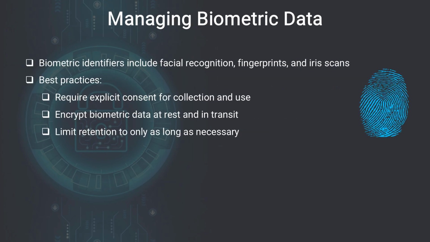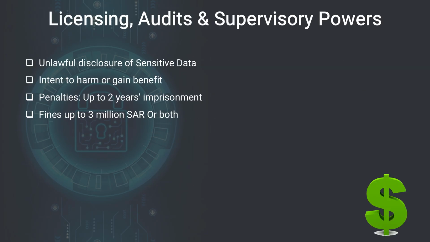In Section 4, Handling Sensitive Data, we'll discuss what qualifies as sensitive data under PDPL and the additional security and compliance measures required to protect it. In Section 5, Enforcements and Penalties, we'll go over how the law is enforced, who is responsible for oversight, and the consequences of noncompliance, including fines and other penalties.